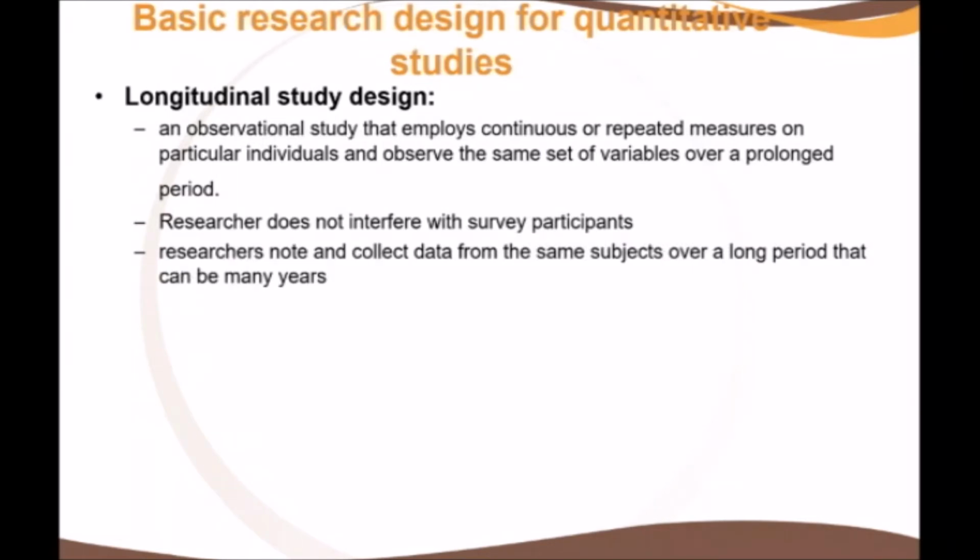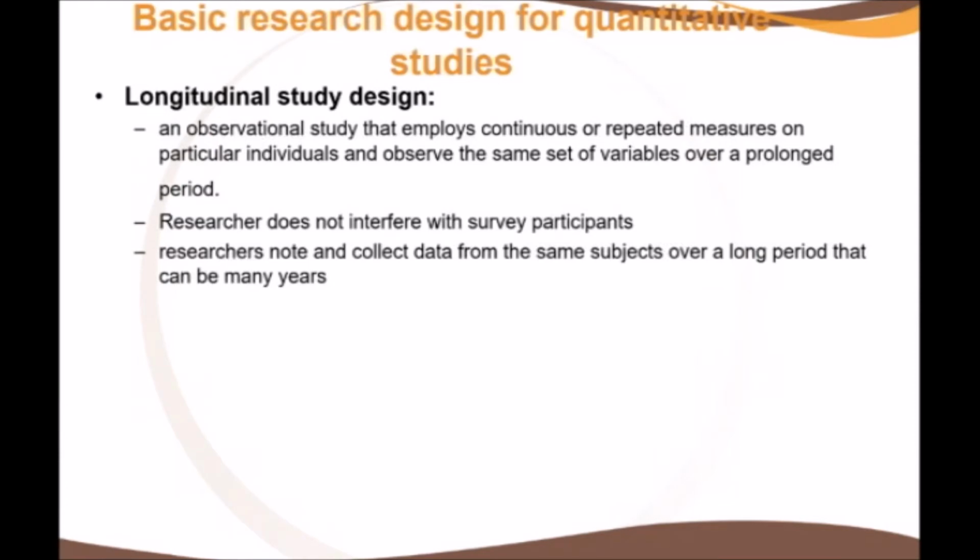She comes back next year, the same people, asks the same questions, comes back a third year, the same people, collects the same information from them, and that can go on for as long as you want. That's called a longitudinal study, as opposed to a cross-section, where you just go in once and collect information. It may be for 6 months, maybe for 5 months, it may be for a year, but you collect information once from each participant, and that is it.